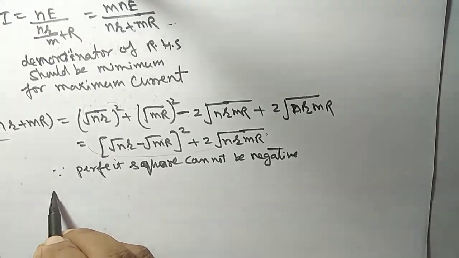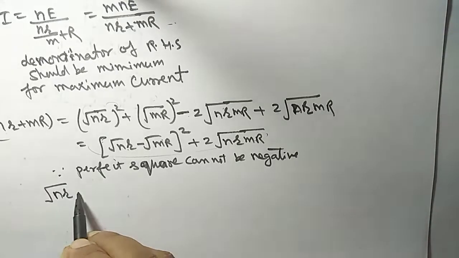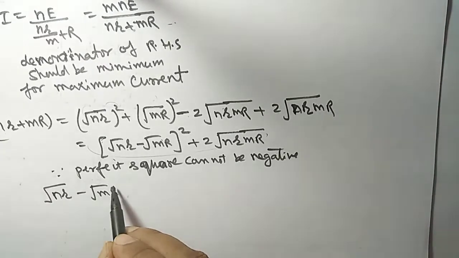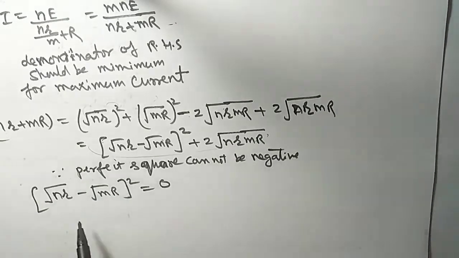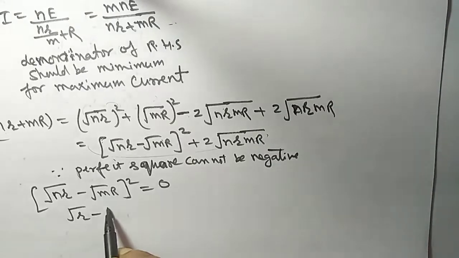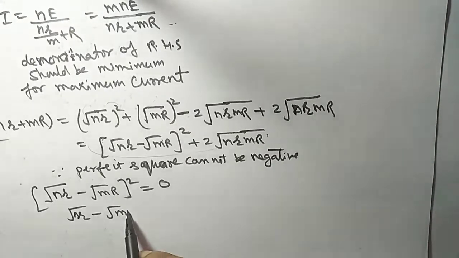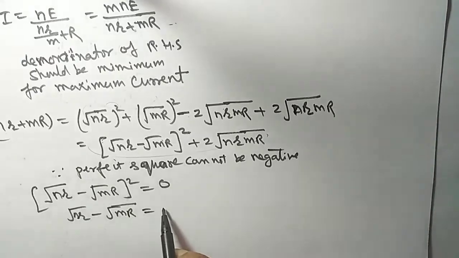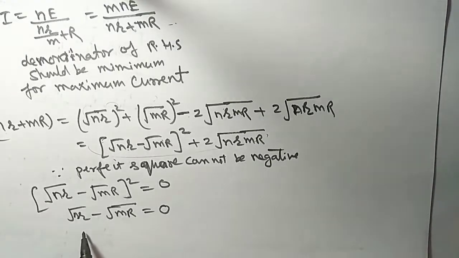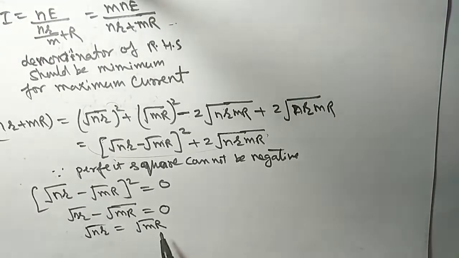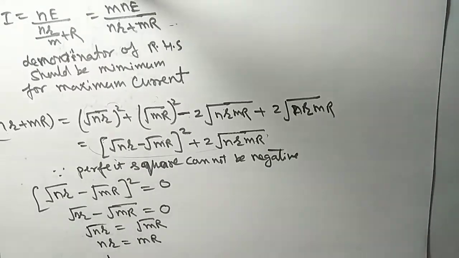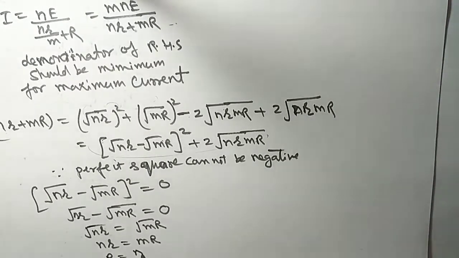So we can say here under root nr minus under root mR, whole square, should be 0, or under root nr minus under root mR should be 0, or nr is equal to mR, or simply external resistance R is equal to nr upon m.